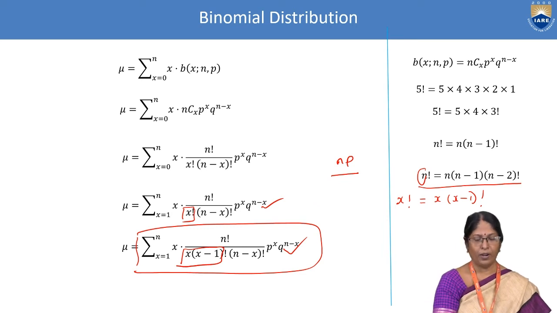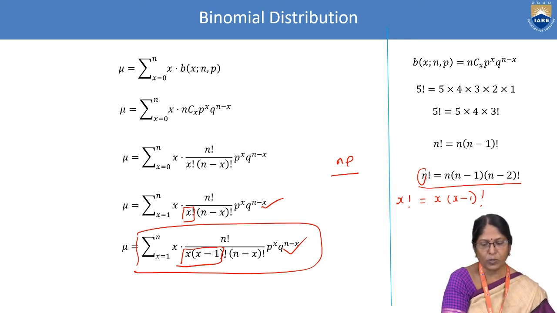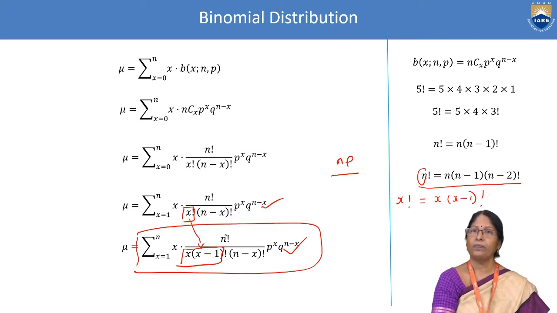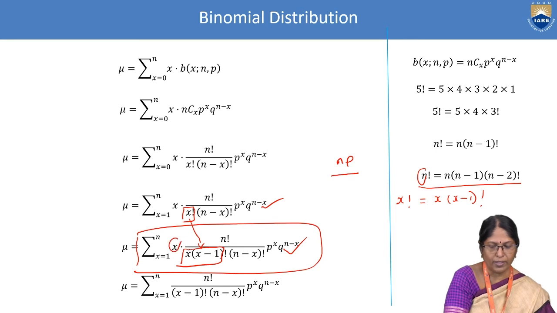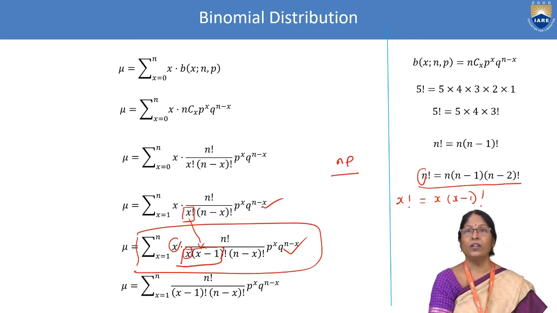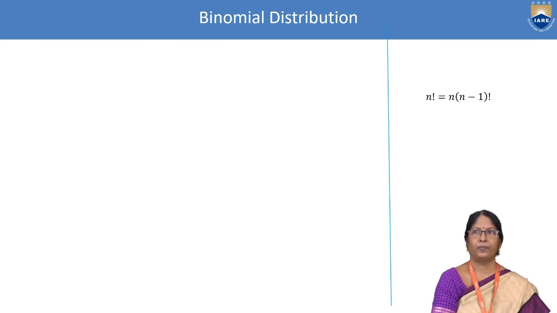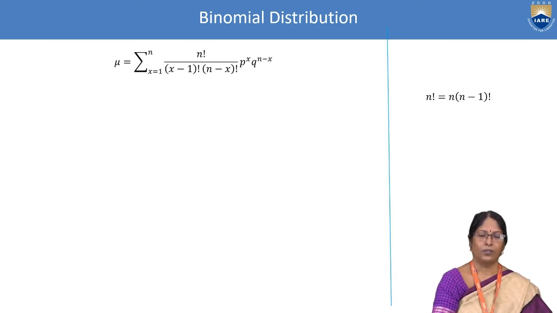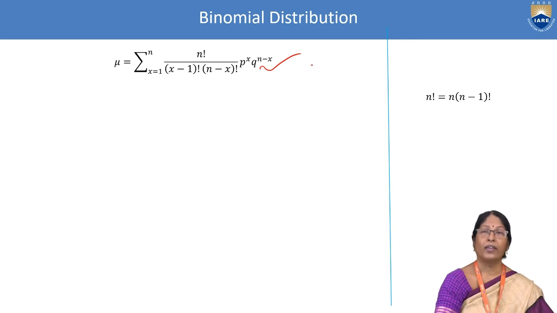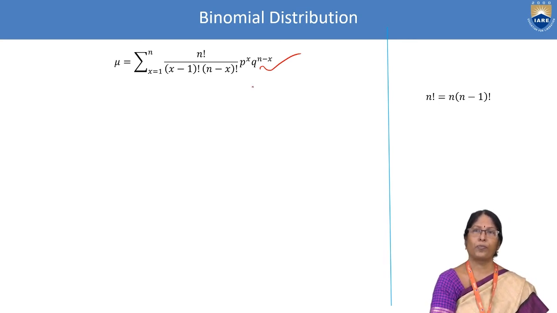Okay, fine. Now here x minus 1 factorial is replaced. Now the next step, this x we removed. So after removing x and x, this is the simplified form.